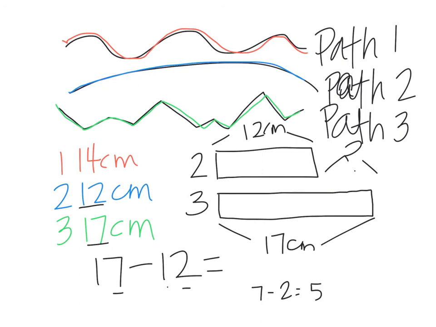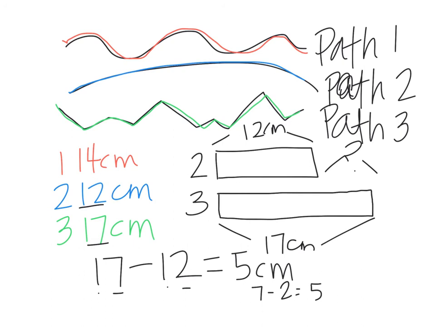And then I still have a 10 in each of those numbers, so then 10 minus 10 equals 0. So the difference between the two is 5 centimeters. So I can say path 2 is 5 centimeters shorter than path 3, or I can say path 3 is 5 centimeters longer than path 2.